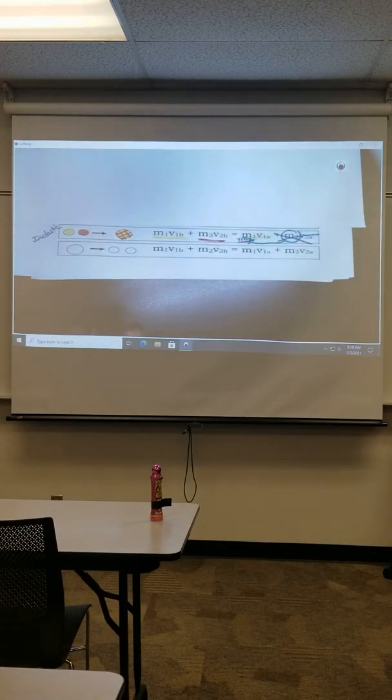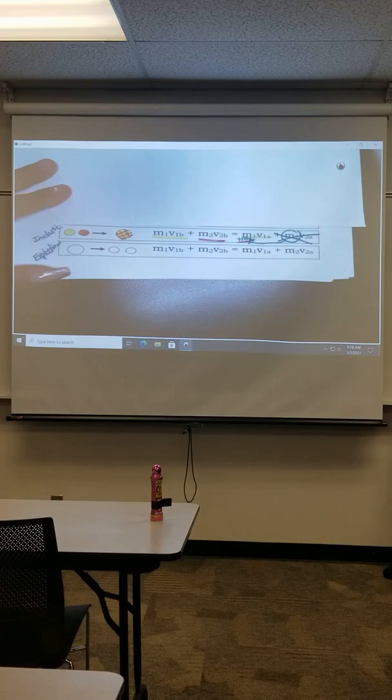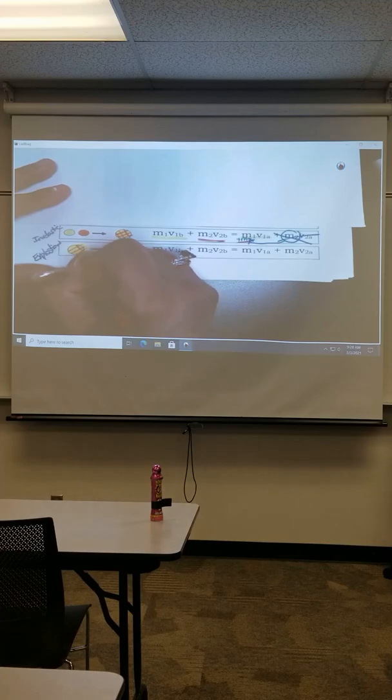Hopefully it's making sense. Now let's do it, but we're doing it the opposite, which is explosion. So I start off with one object, yellow-red, all together as one.